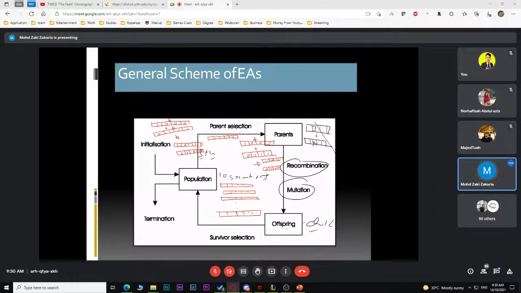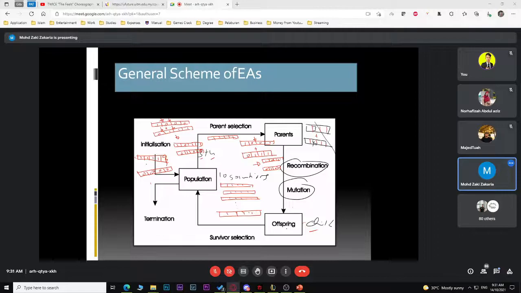Okay, that was for point number 2. What happens at point number 1? Crossover at point number 1, the children look like this: 1, 1, 1, 1, 1, and then the other one 0, 0, 0, 0.